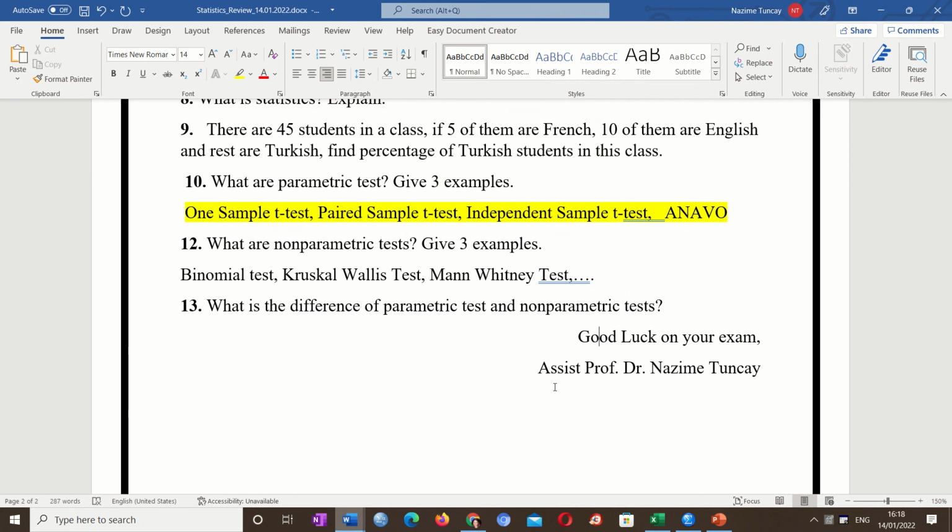Then, let us say, if we have 20 people, 15 people, less than 30, then we can say that, okay, we cannot deliver a powerful test. For a powerful test, we have to have more than 30, okay? So each group should be more than 30. If we have, let us say, 3 different groups from 3 different universities, okay?